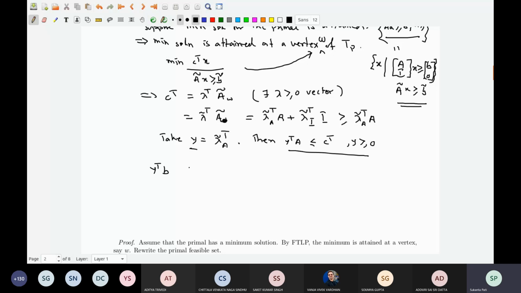Okay, fine. Now y is greater than or equal to 0. Okay, so this is equal to what I have written, and this is lambda tilde A transpose, b.